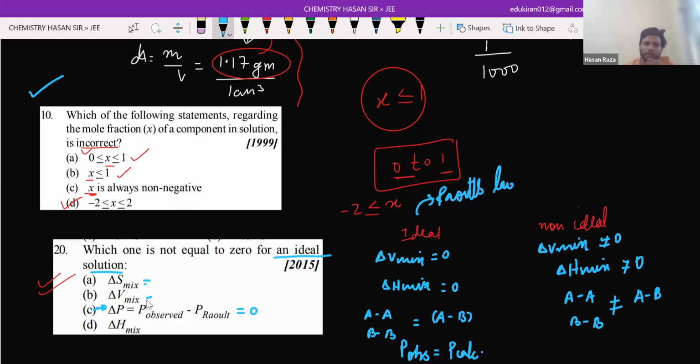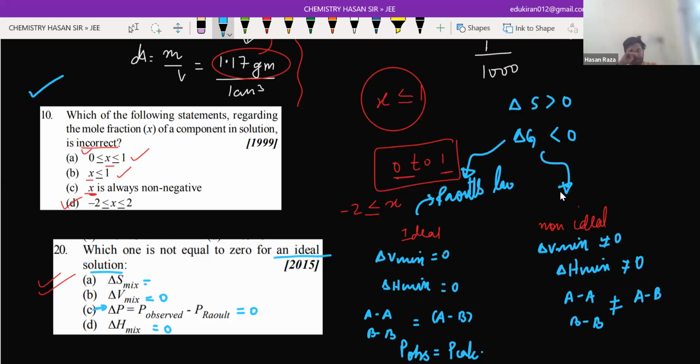For an ideal solution, you can see delta V mix is 0, delta H mix is also equal to 0. But when we talk about delta S or delta G, always remember, whether the solution is ideal or non-ideal, it will be greater than 0 or less than 0. This criterion is the same for both ideal and non-ideal.